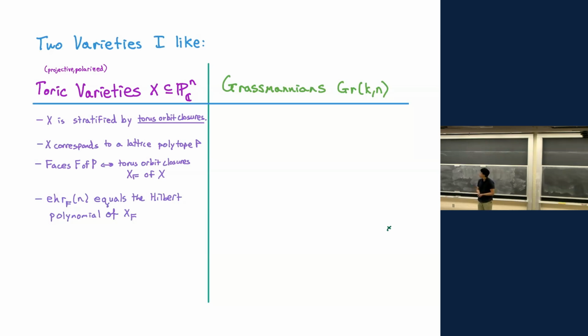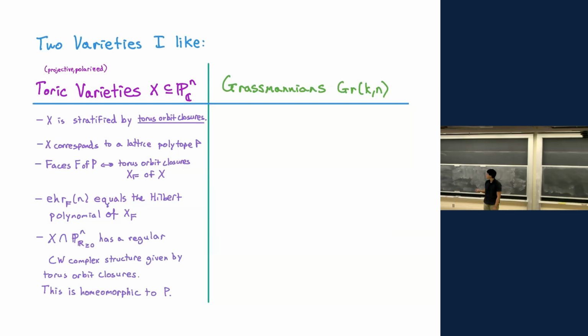And then it's also interesting because there's a connection between Ehrhart theory and the toric variety. Namely, the Ehrhart polynomial of a face equals the Hilbert polynomial of the torus orbit closure. And then finally, and this is maybe a little bit less familiar, if you take a toric variety, and as Kai Tao talked about, you look at its non-negative part, you can do it very naively.